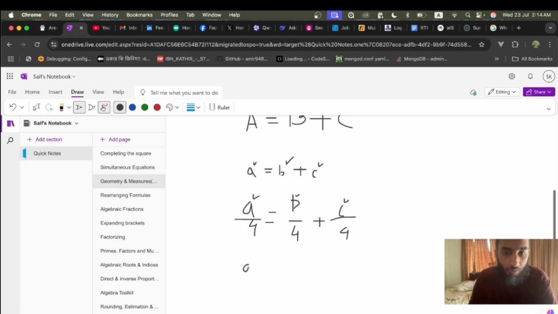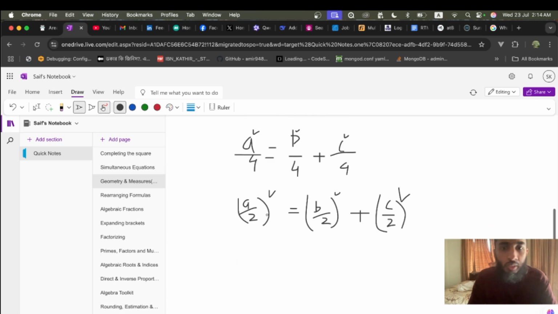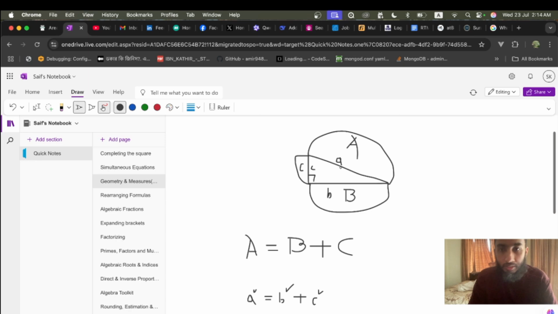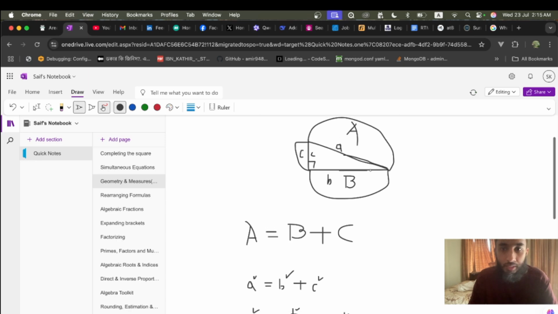Now this can be written as A by 2 whole square equals B by 2 whole square plus C by 2 whole square, right? Now A by 2 refers to the radius, like this part. B by 2 similarly is this part, and C by 2 is this part.